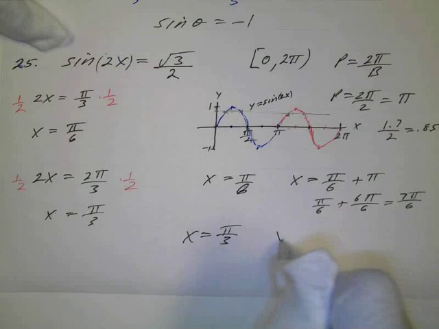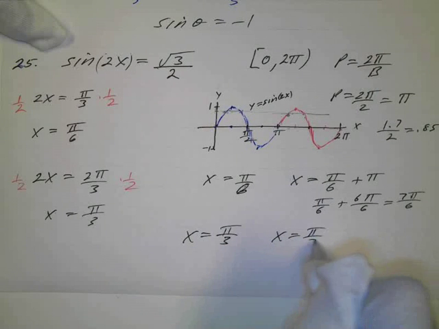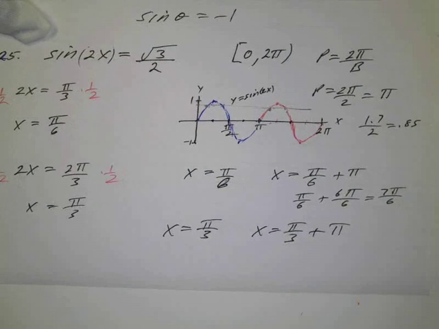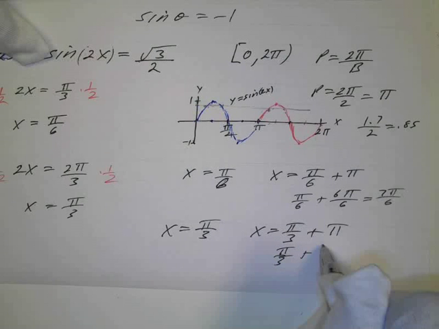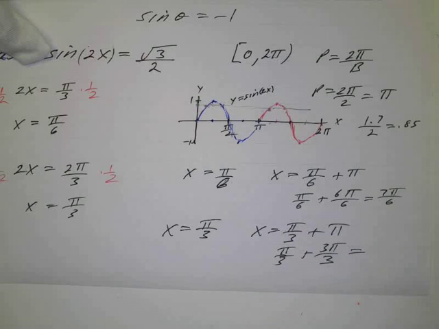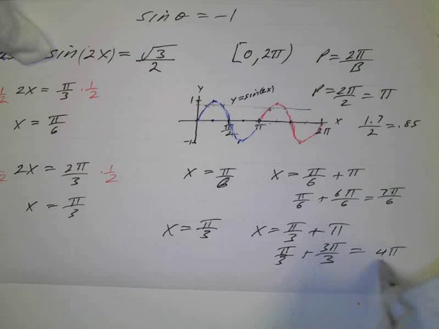So I've got x equals pi over 3, and x also equals pi over 3 plus pi. But that's the same thing as pi over 3 plus 3 pi over 3, since I want a denominator of 3, and that equals 4 pi over 3.